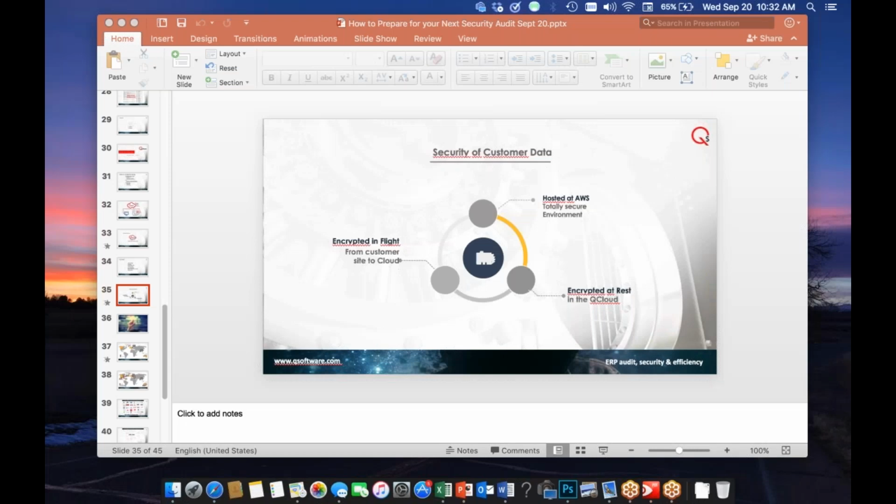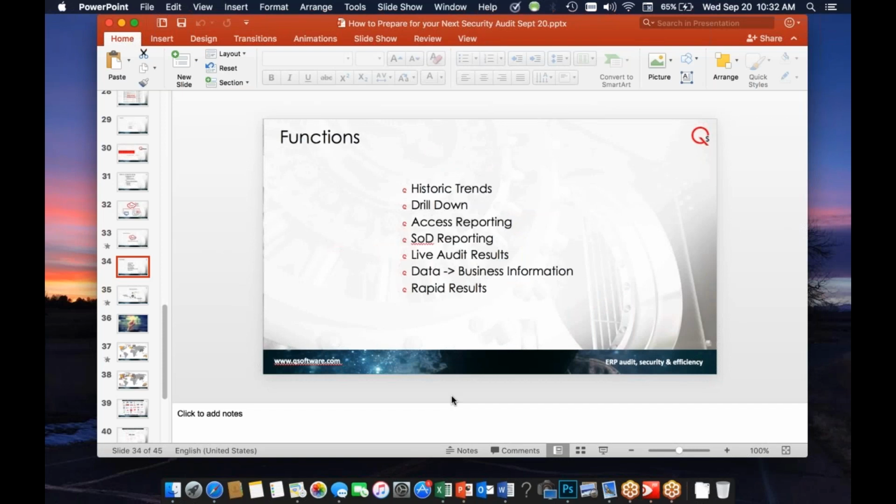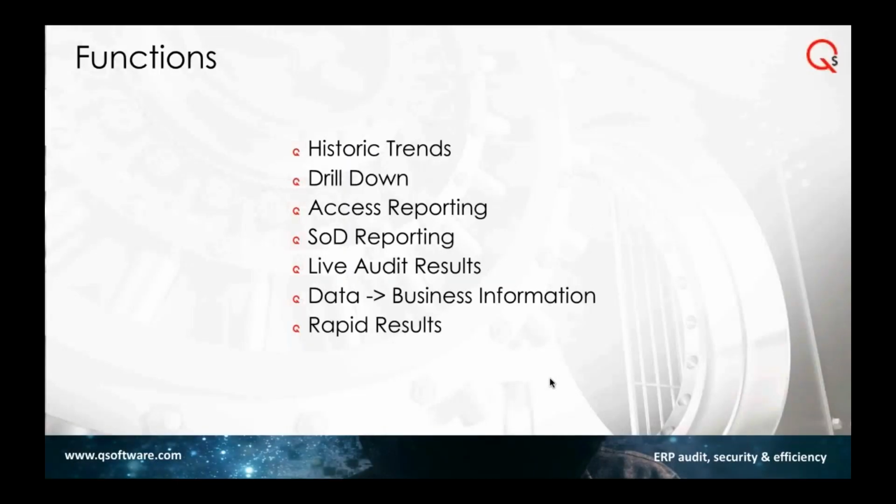Thank you, Brian. And let me just bring you back to summarize a couple of issues here. What we've got here is, of course, the means to look at different trends in your data, to look at different ways that you can report on SOD and access.